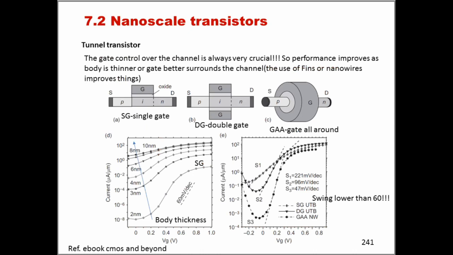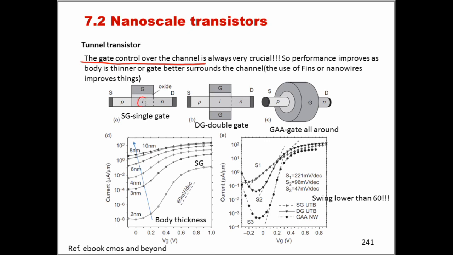Just a few more details about the tunnel transistor. As with any other field effect device, the tunnel transistor relies on the gate having good control over the channel. Also here we have single gate devices like the one we've just seen.